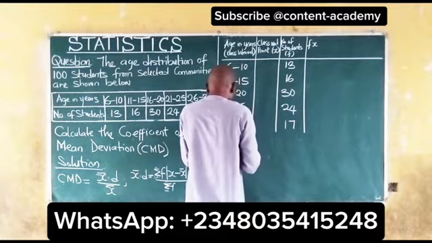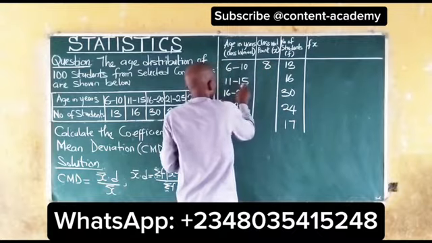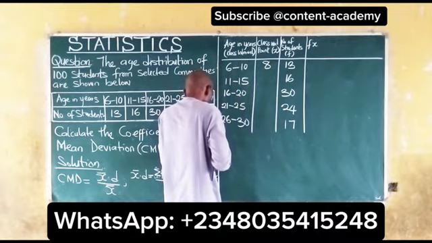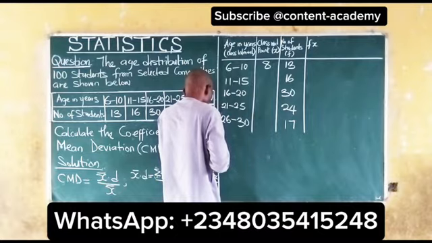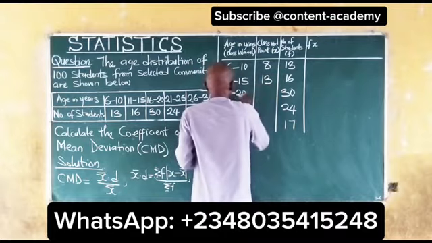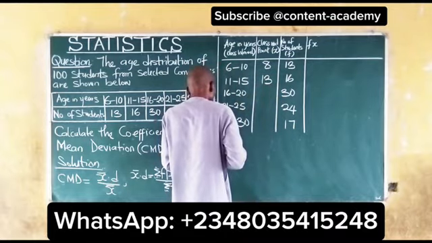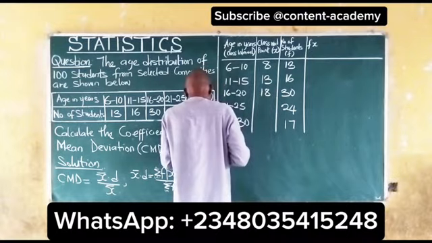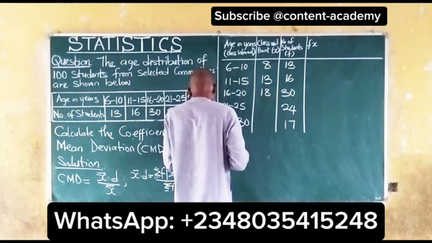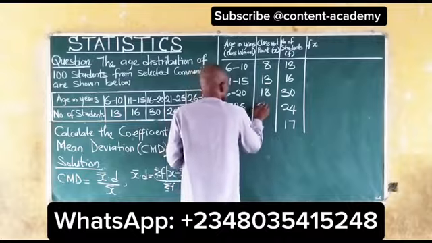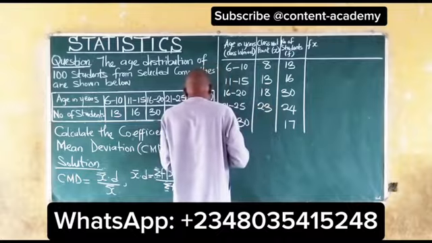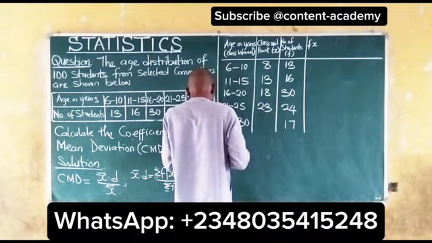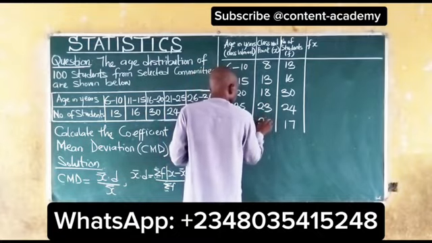What you do is you say 6 plus 10 divided by 2, which is 8. 11 plus 15 divided by 2, which is 13. 16 plus 20 divided by 2, we have 18. 21 plus 25 divided by 2, we have 23. And 26 plus 30 divided by 2, we have 28.